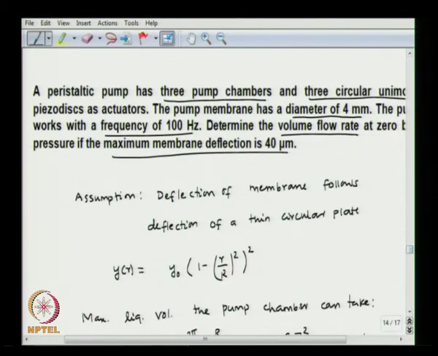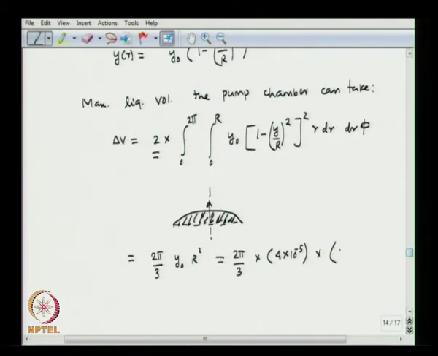It is 4 millimeter diameter, so the radius is 2 millimeter, 2 into 10 to the power minus 3 square. So, that will be 3.35 into 10 to the power minus 10 meter cube. This is going to be the liquid volume the pump chamber can take.